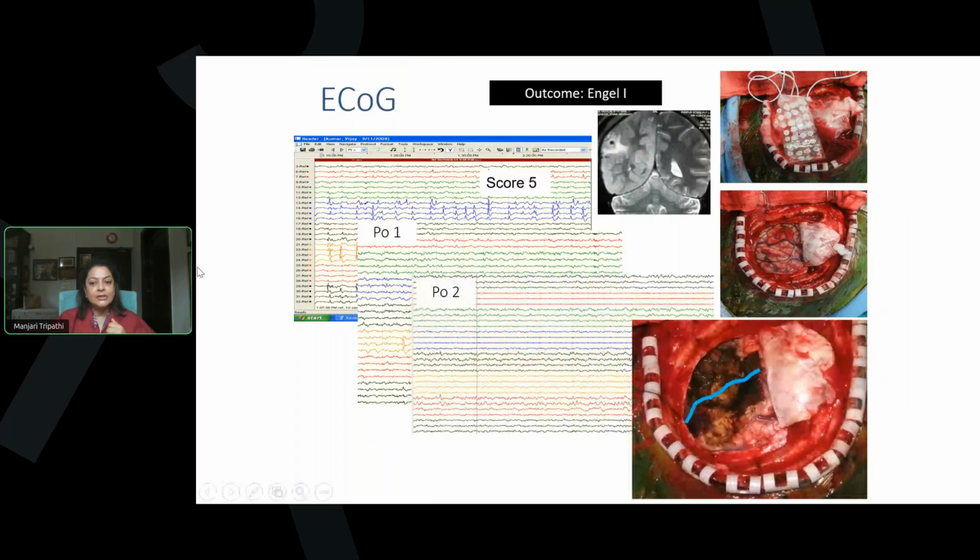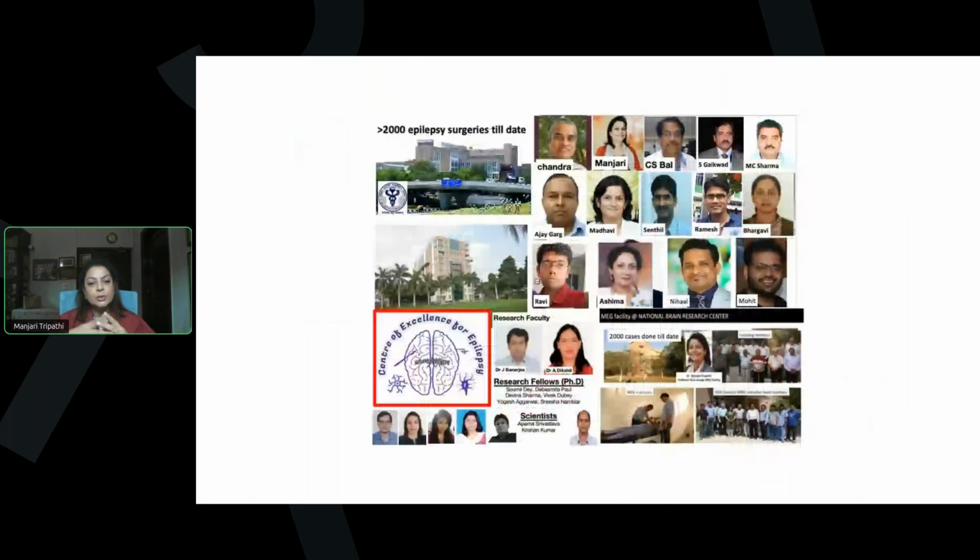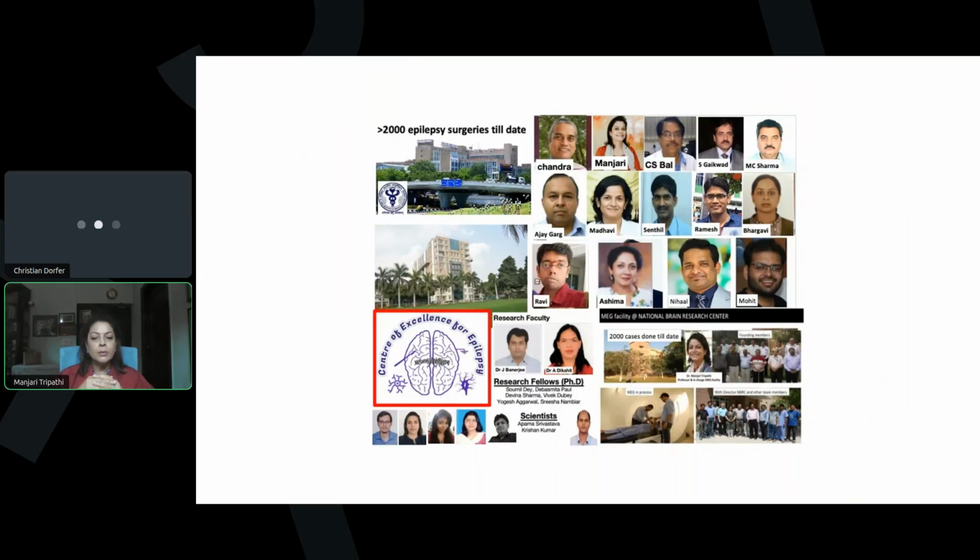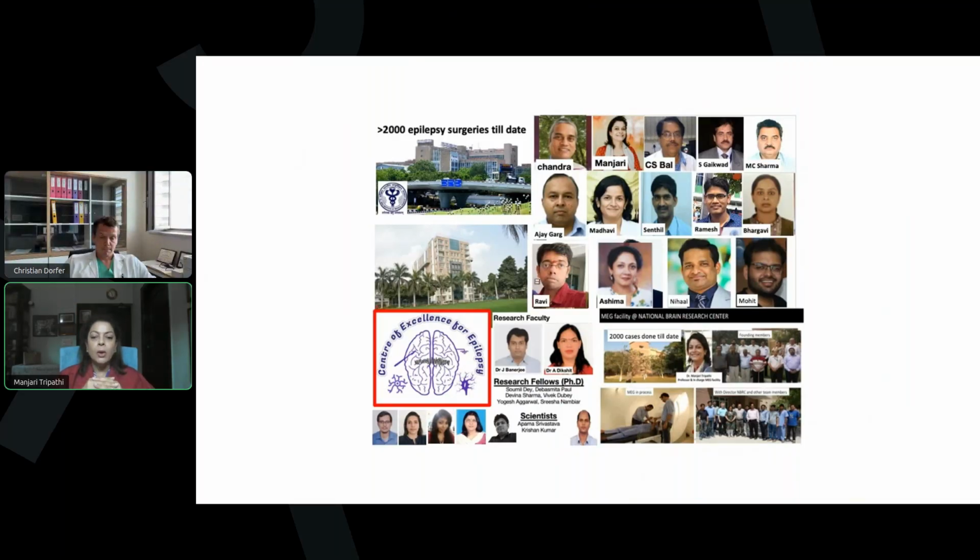So with this, I'd like to conclude by saying that using an armamentarium of advanced investigations, with the networking of various specialities, the neurological, the electrophysiological, the neuroradiological, the nuclear medicine, the neuropsychological, and functional mapping techniques, whether it's electrical source imaging or high frequency oscillations, all are necessary to provide us various snapshots into the abnormal epileptic network in our patients. Thank you.